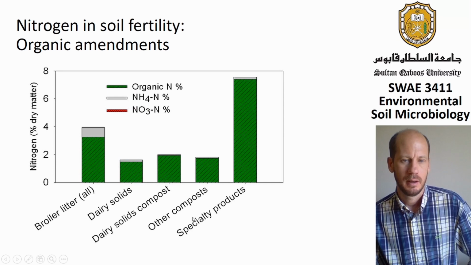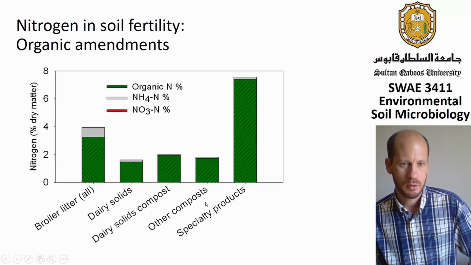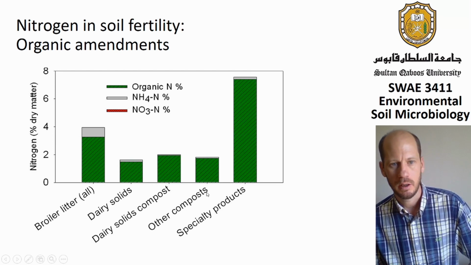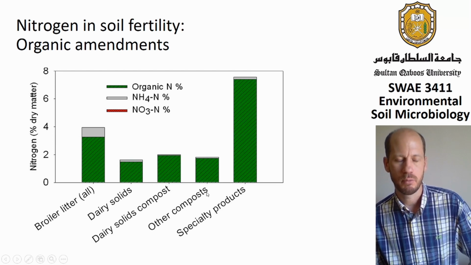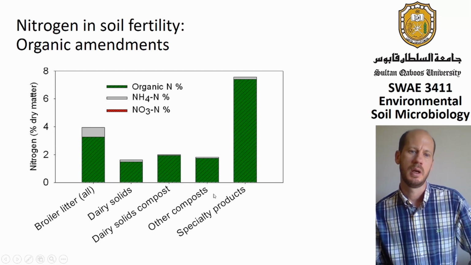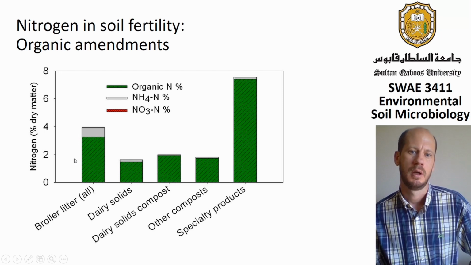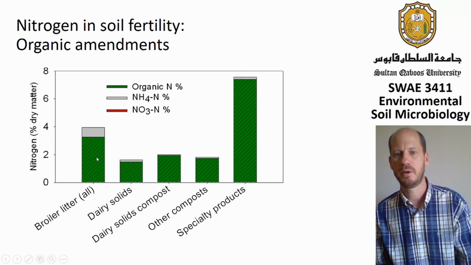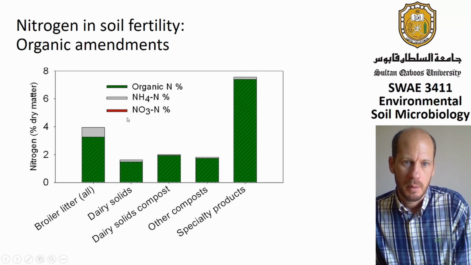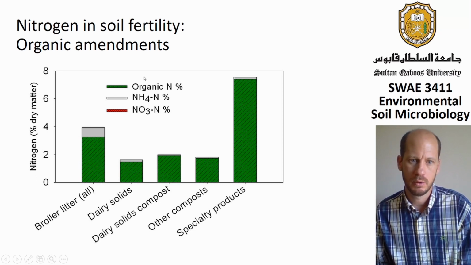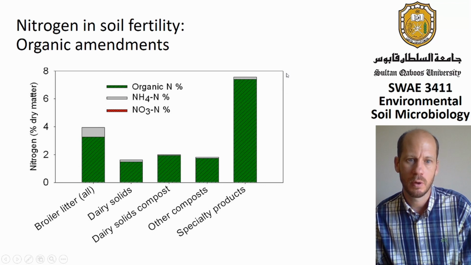All right, the last option that you need to think about for managing organic matter in agricultural systems and improving the nitrogen cycle in soil systems is the direct application of organic amendments. Different organic amendments will have different concentrations of nitrogen, but only by having high organic matter in the soil, that is already a good contribution and a good benefit for the soil overall.